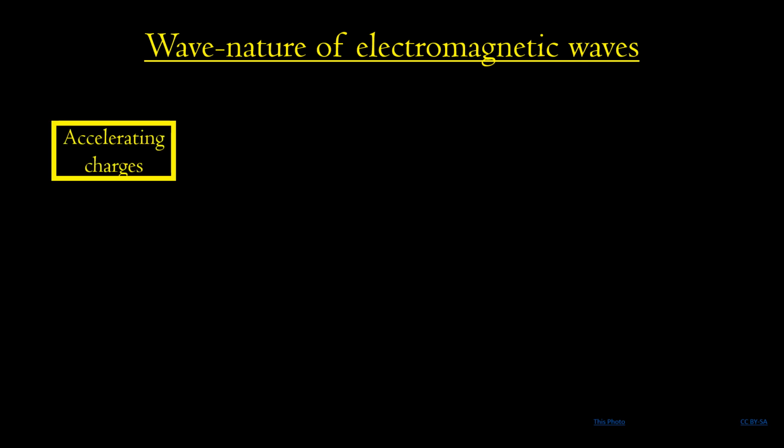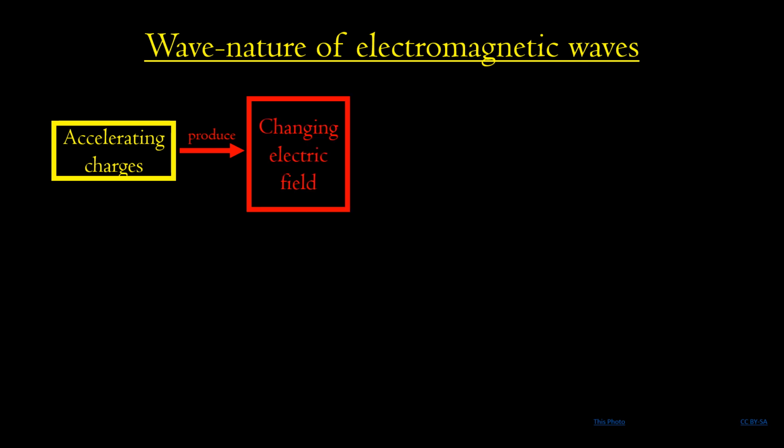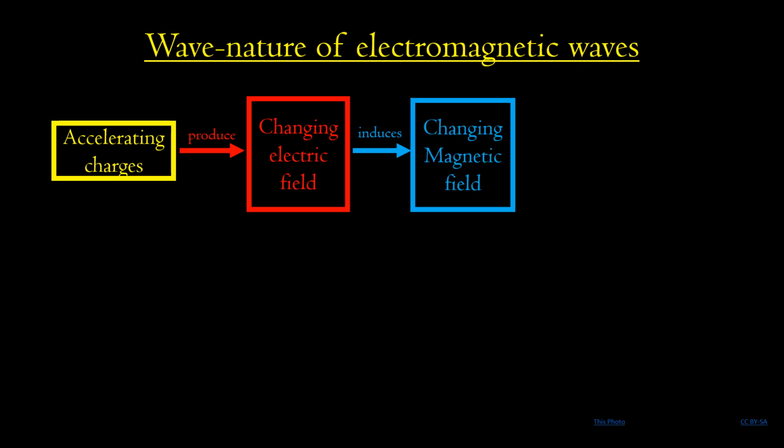Accelerating charges create a continuously changing electric field. This continuously changing electric field induces a continuously changing magnetic field perpendicular to the electric field.